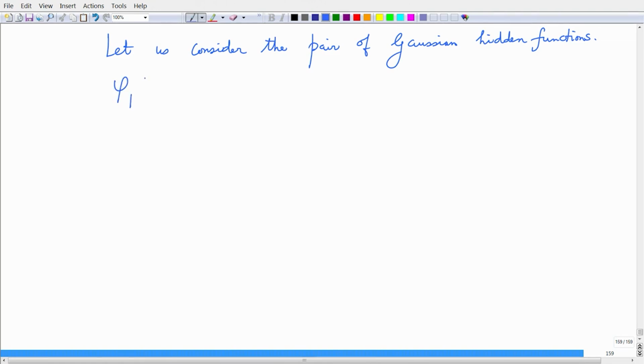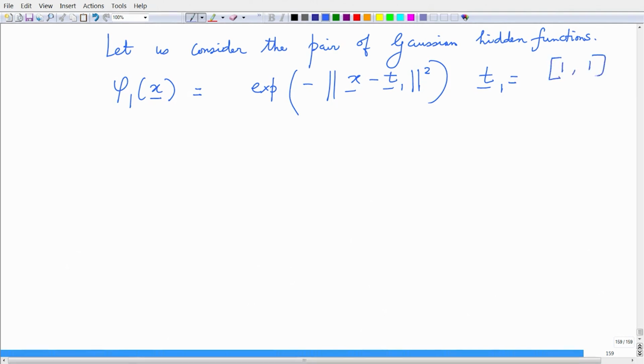Let phi 1 of x be given by this equation: exponential of minus norm x minus t1 squared, and this point t1 is 1 comma 1 transposed, and x is also of the same size, which is a 2 by 1 vector.